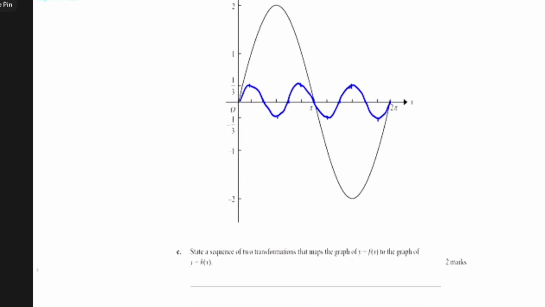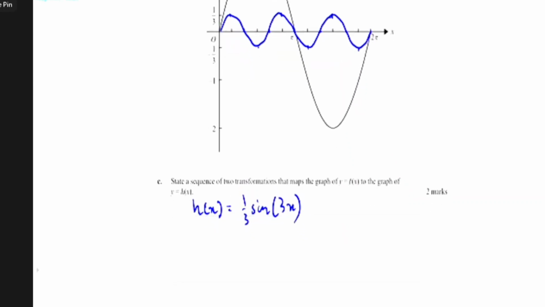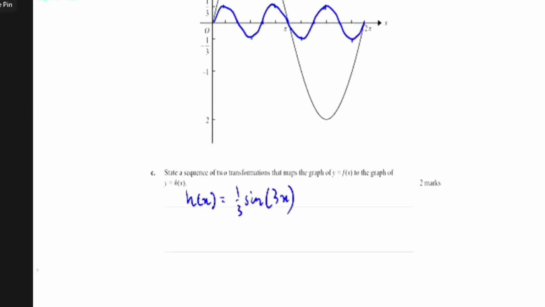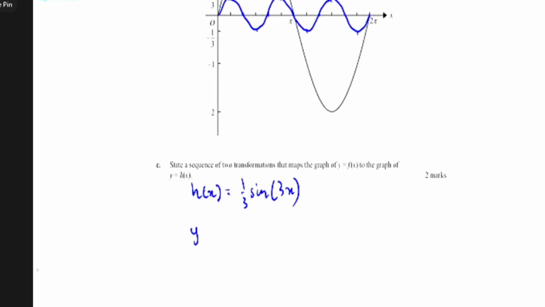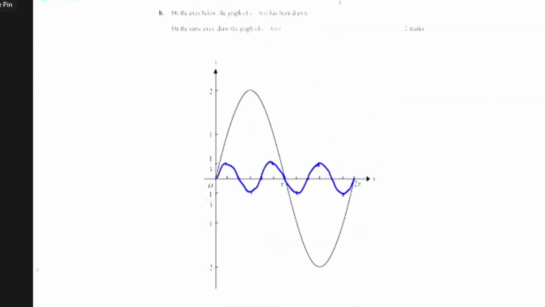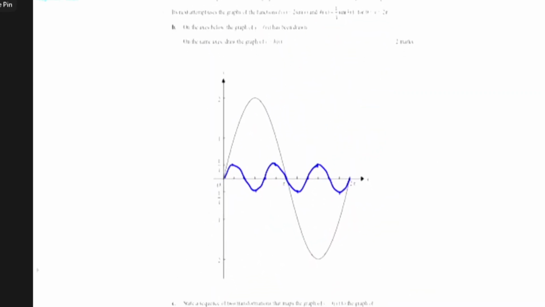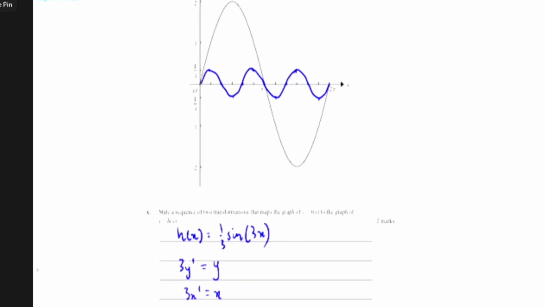State a sequence of 2 transformations, so h of x is 1 third sine 3x, and we're trying to make it equal to 2 sine x.